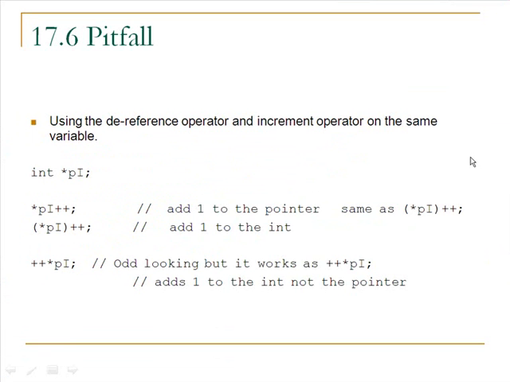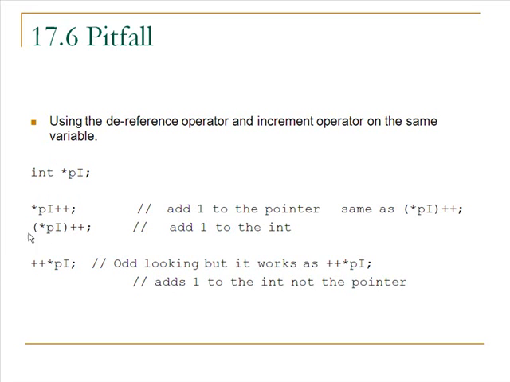Okay, before we leave these slides, I would like to just point out one pitfall of using pointer arithmetic. Sometimes you would be wanting to add 1 to a pointer, and sometimes you want to add 1 to what's pointed at by a pointer. Those are different things.